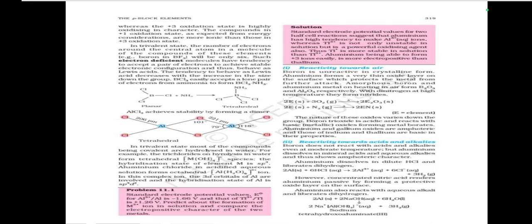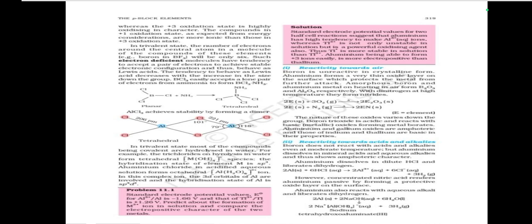In the trivalent state, most of the compounds, being covalent, are hydrolyzed in water. For example, the trichlorides on hydrolysis in water form tetrahedral M(OH)4 negative species. The hybridization state of element M is sp3.